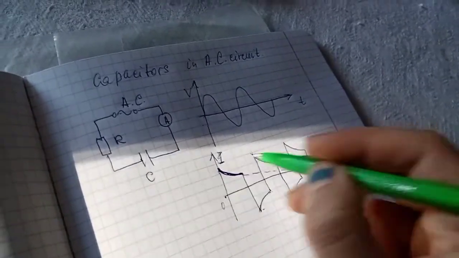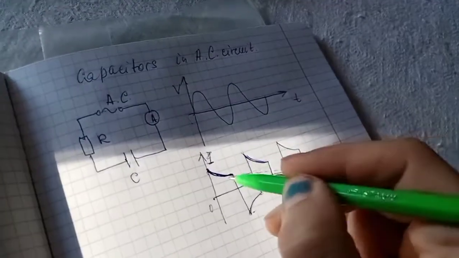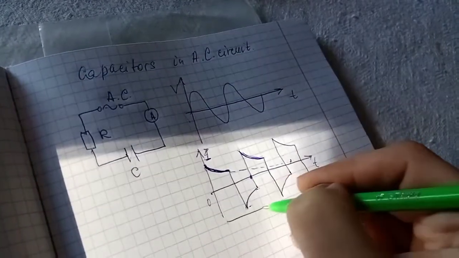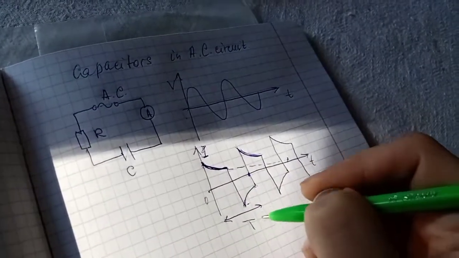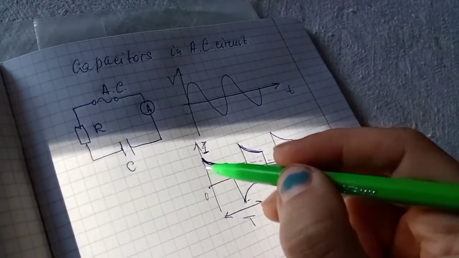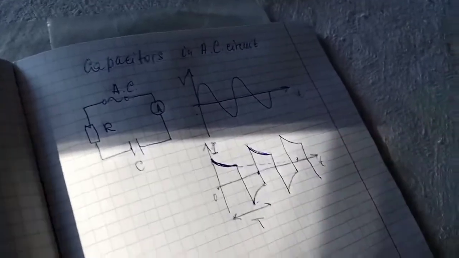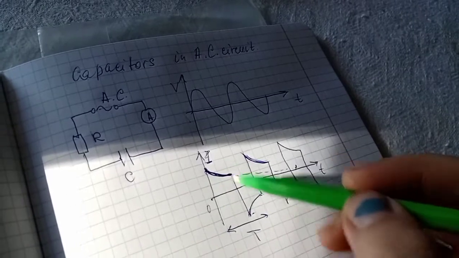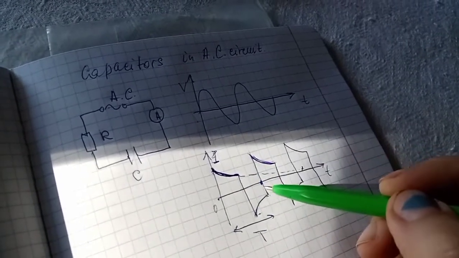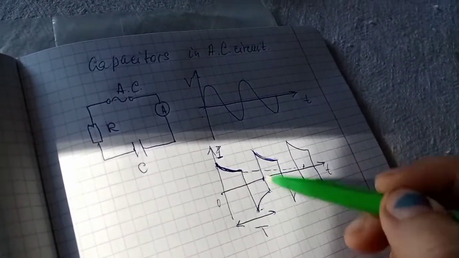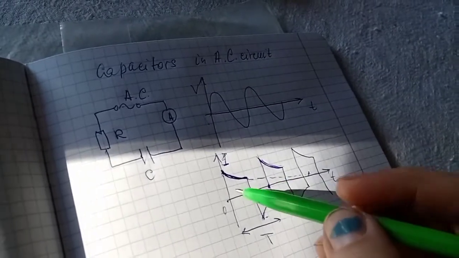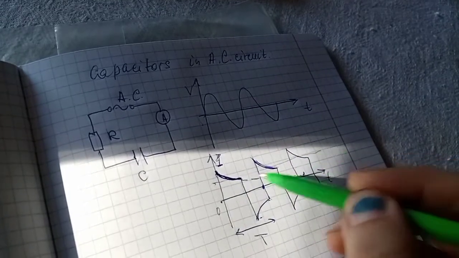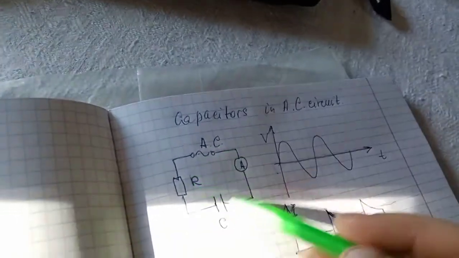But here we have current, and the current repeats in a period of time. Here is a period, during which one circle of current runs. Current runs one way and then runs the other way, and makes a circle. So it's a period. We can say that we have something like an average current in this circuit.